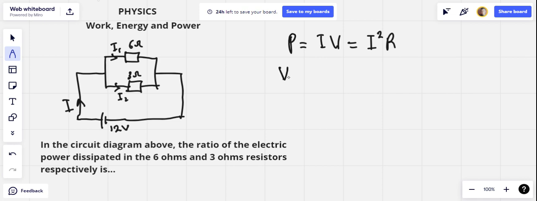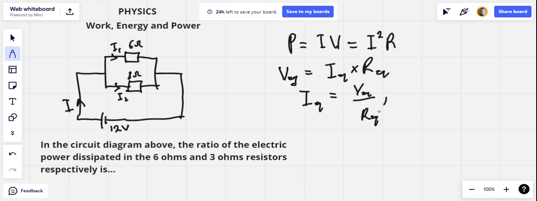Now equivalent voltage will be equal to the total current, or equivalent current, times equivalent resistance. So if we make current the subject, current will be equivalent voltage over equivalent resistance. So how do we get our equivalent resistance?